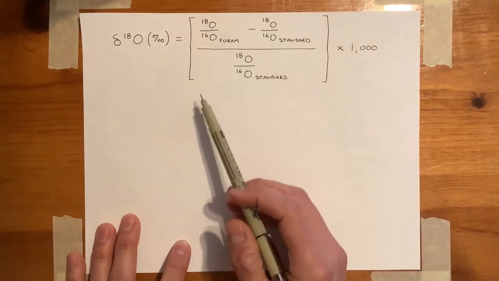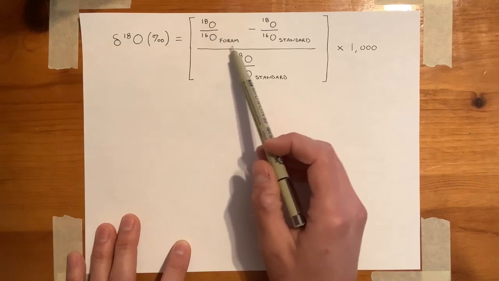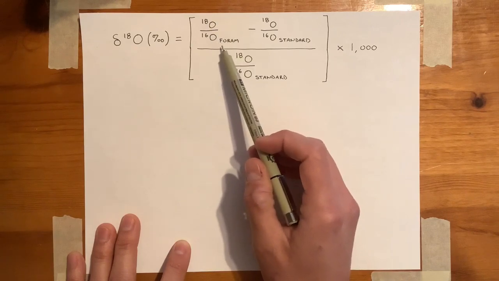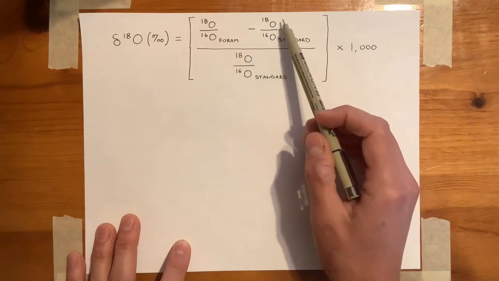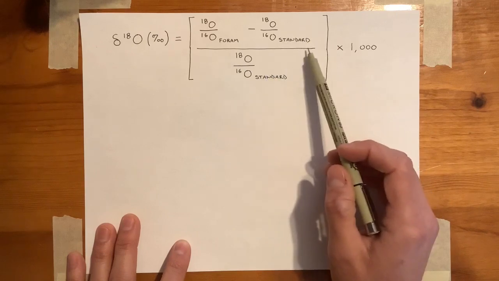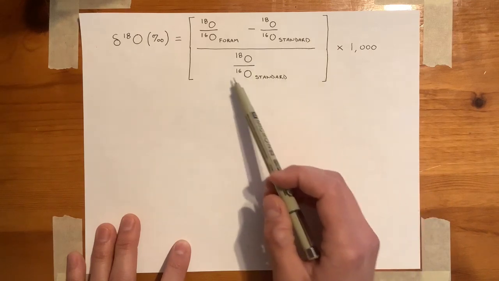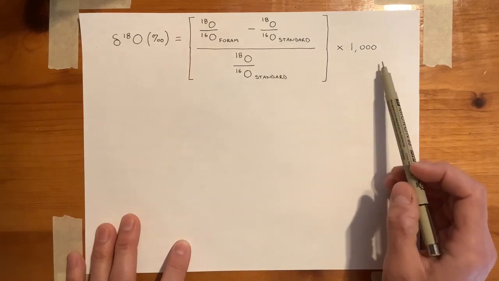Okay, so again, it's the oxygen 18 to 16 ratio that's measured in some sample, in this case a foram shell, subtracted from the oxygen 18 to 16 ratio in a standard, divided by that same value of the standard, and all of that multiplied by 1,000.